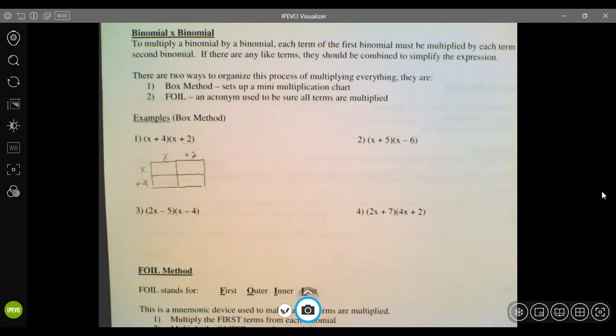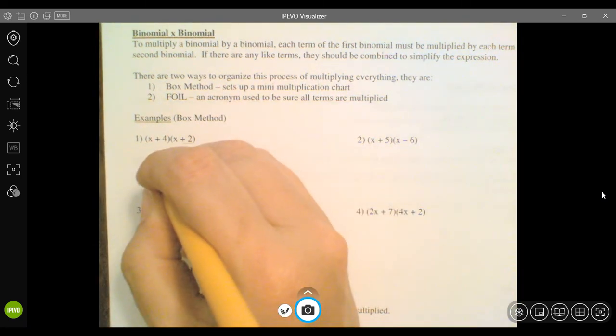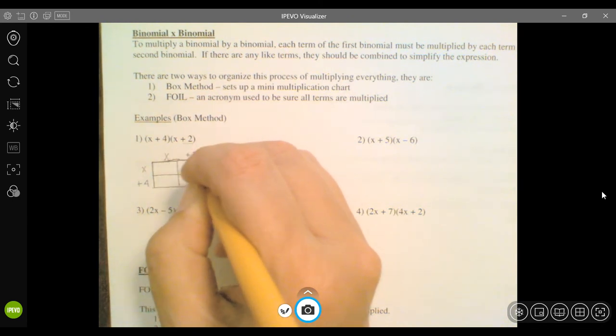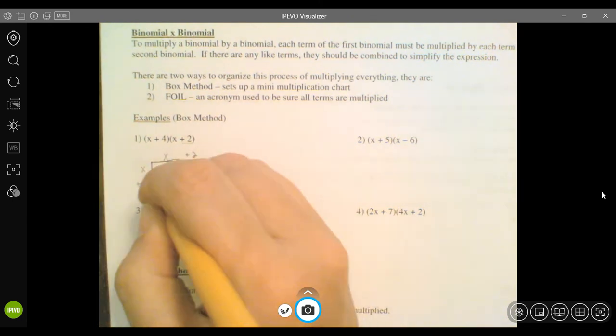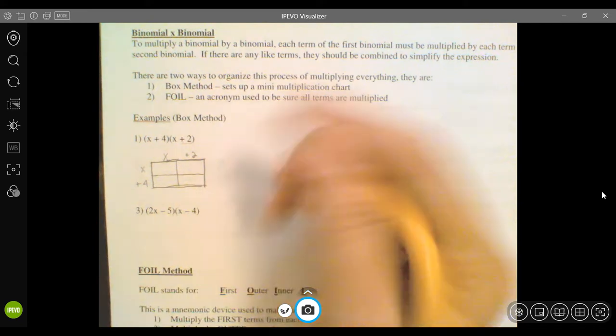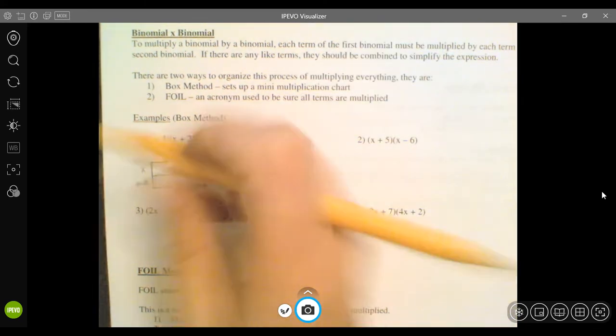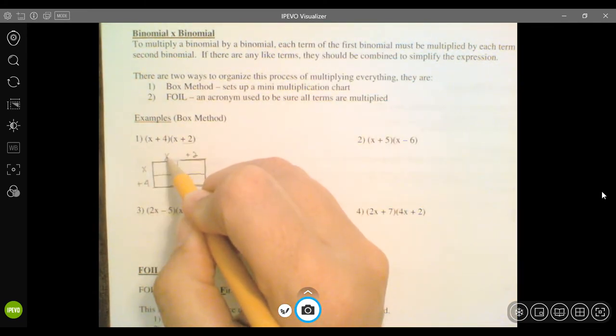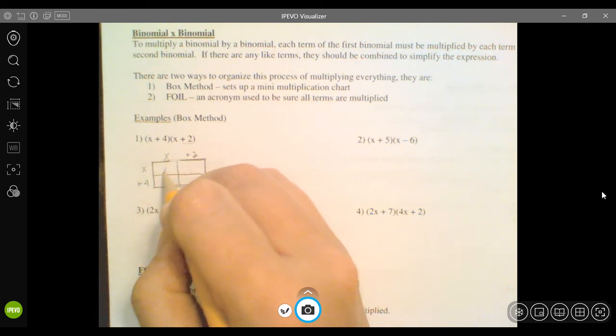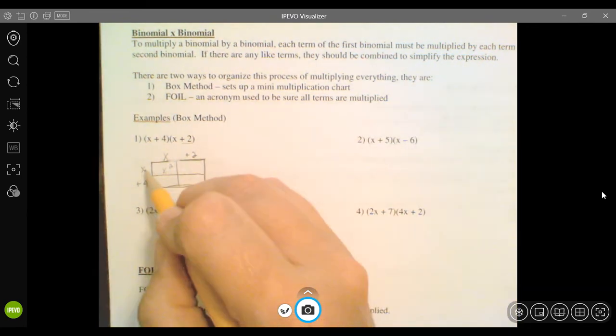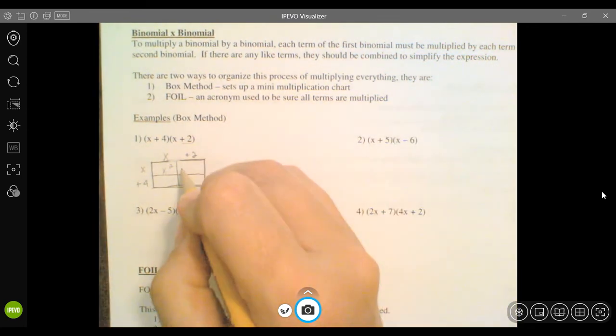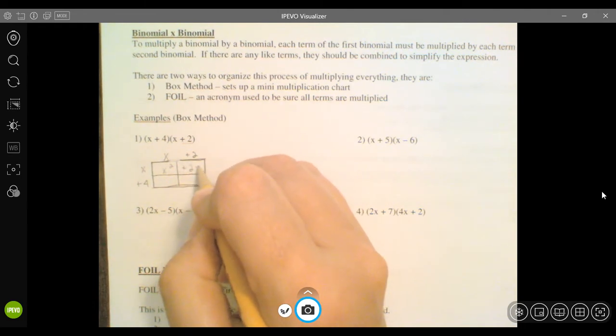Okay? So what I want to do is use the multiplication table like what you have in your composition book where you fill in the insides, okay? So what is x times x? Well, that's x squared. Now, what is x times 2? Well, that's 2x.